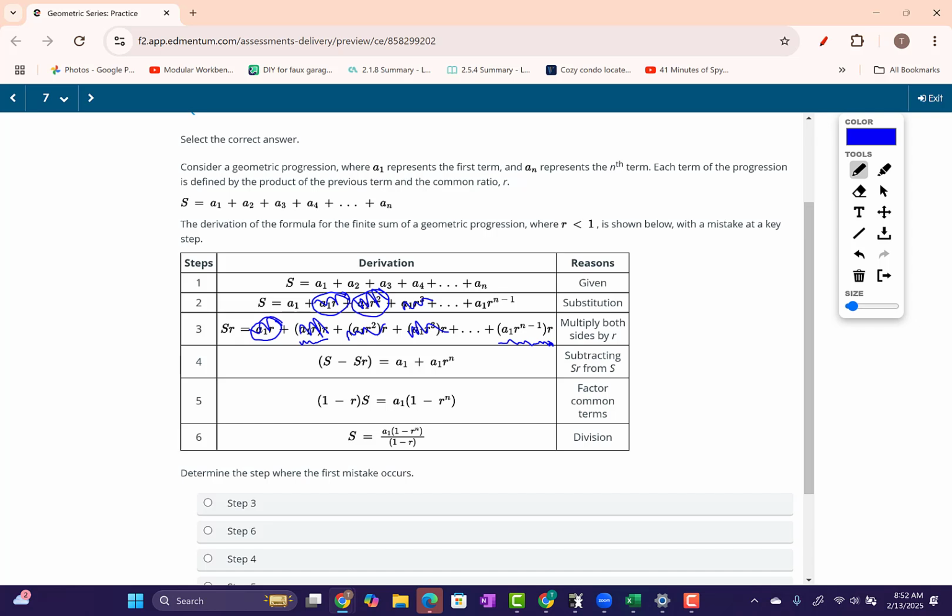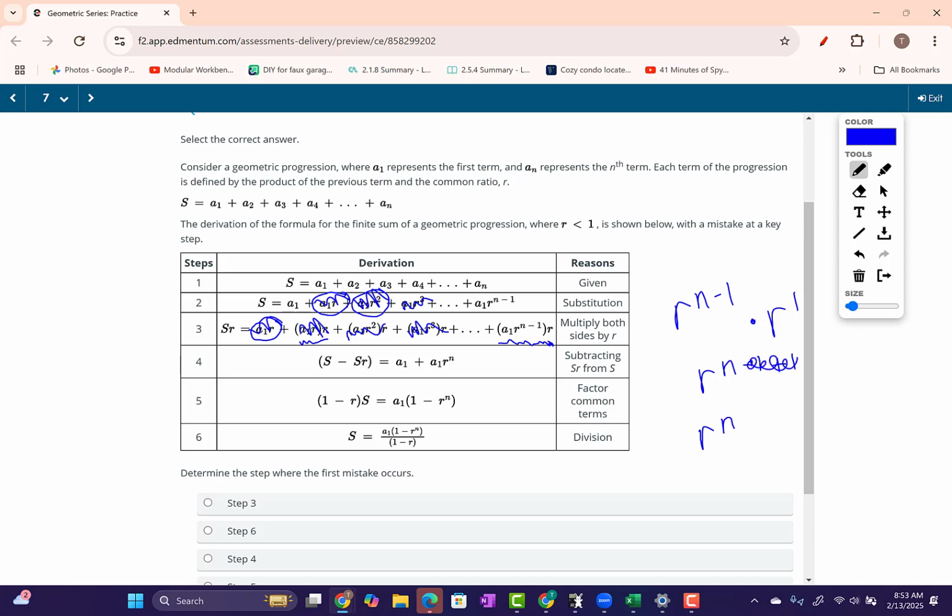So this is tricky. So let's think about r raised to the n minus 1 times r. When you multiply variables, you add their exponents together. So we've got an imaginary exponent of 1 there. So if we add n minus 1 plus 1, it just becomes r raised to the n.